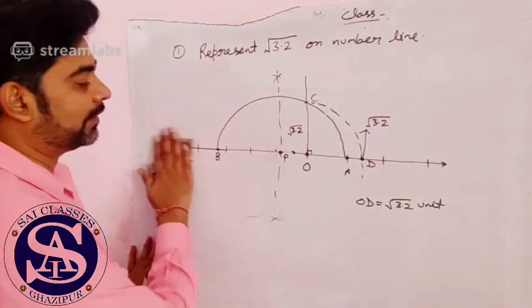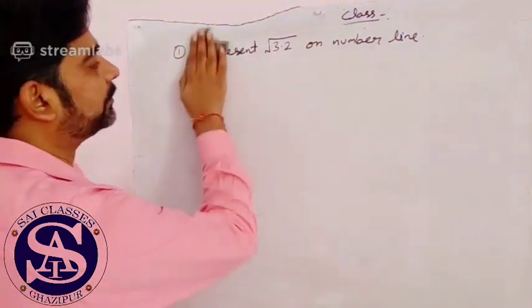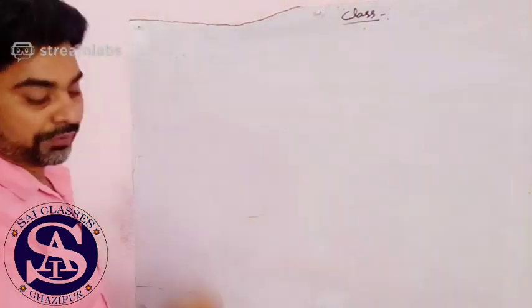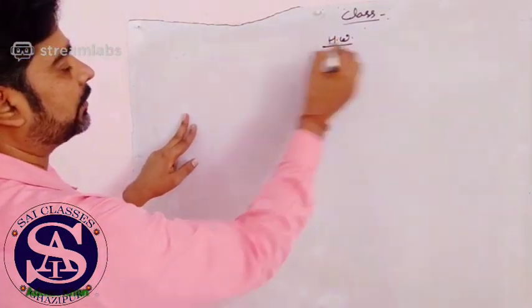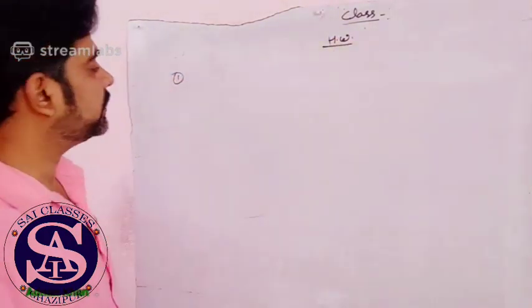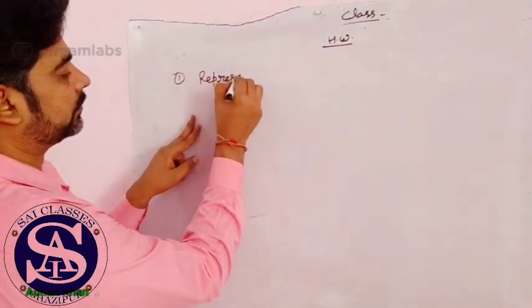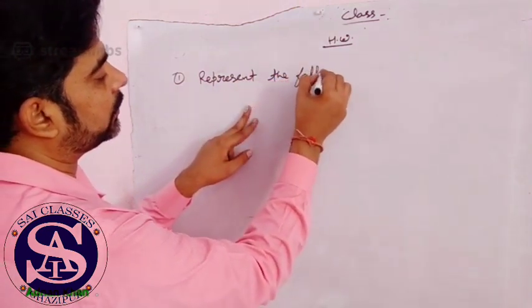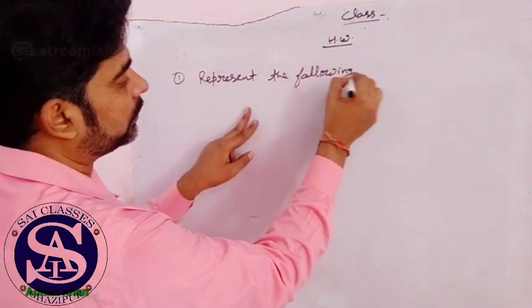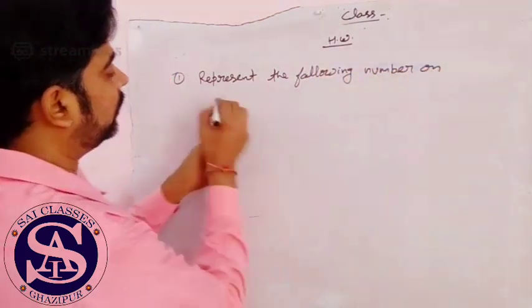So, please note down some homework to do in your homework copy. Please practice to represent the following numbers on the number line.